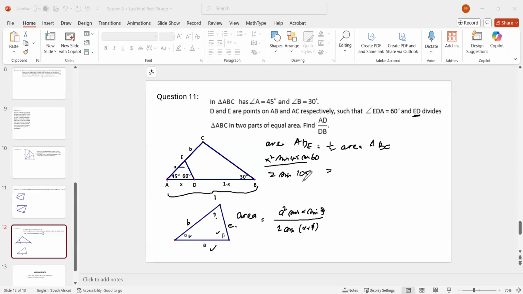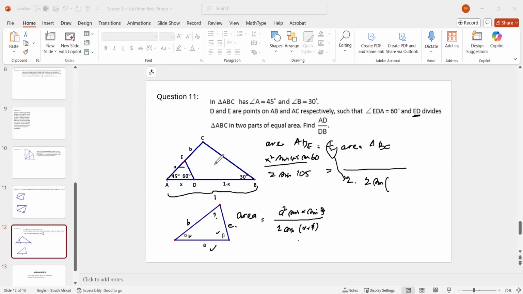So that's x squared. We need to calculate x. So I'm trying to get an equation involving x. And here in this large triangle, the side is 1. So I'm going to put a half here. This half is coming in here now. But at the bottom, you've got 2 sine.